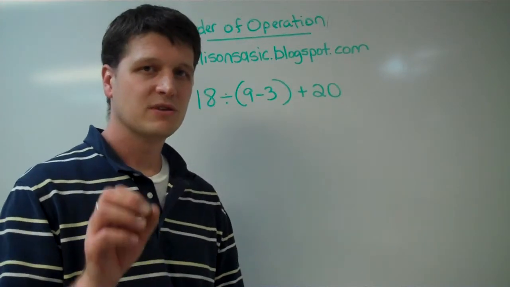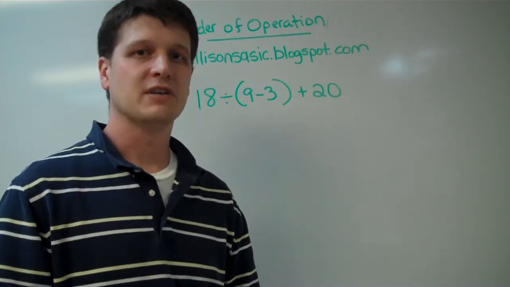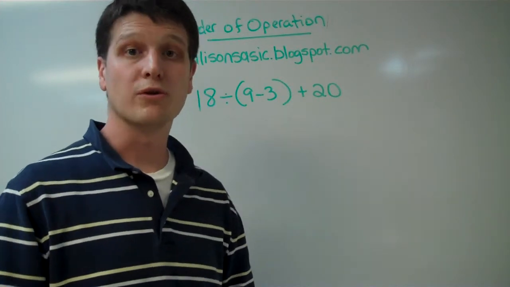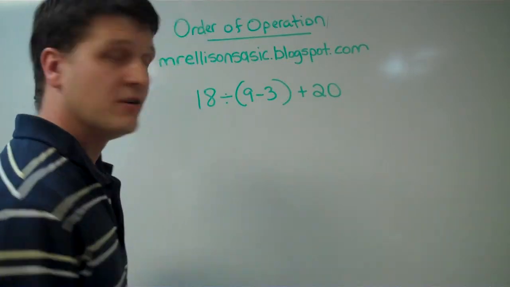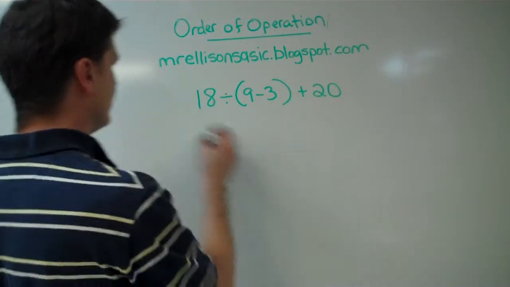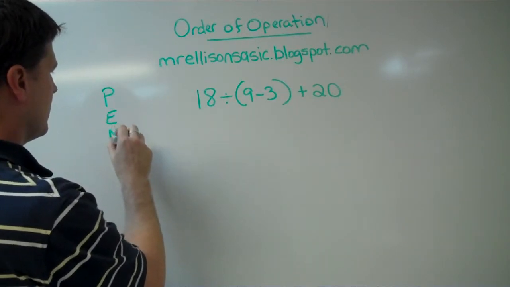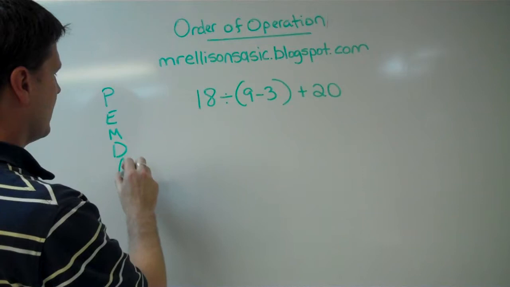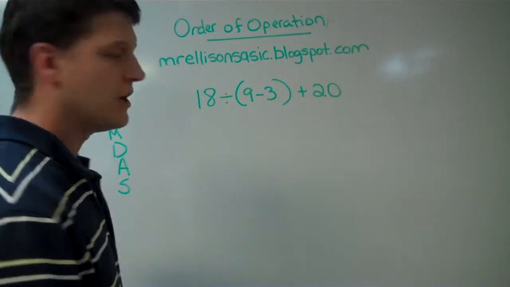There's a cutesy little way that you can use, and it's known the world round, on how to solve an order of operation problem. The way you solve this problem is through a process called PEMDAS, which is P-E-M-D-A-S.